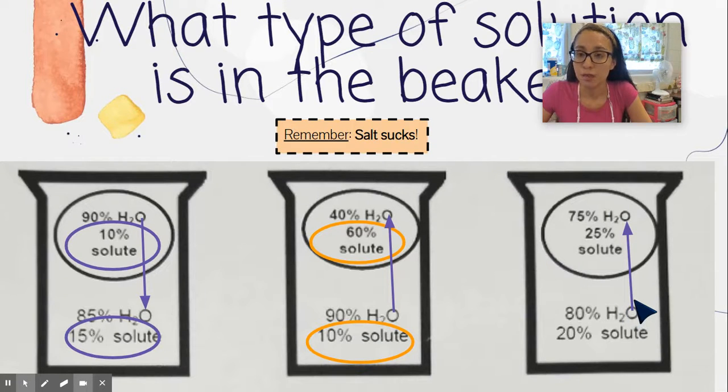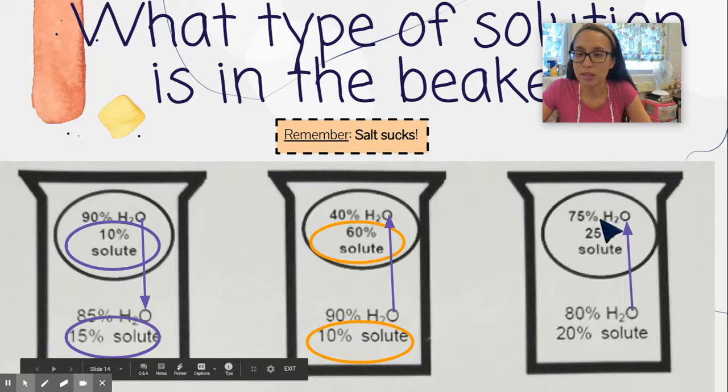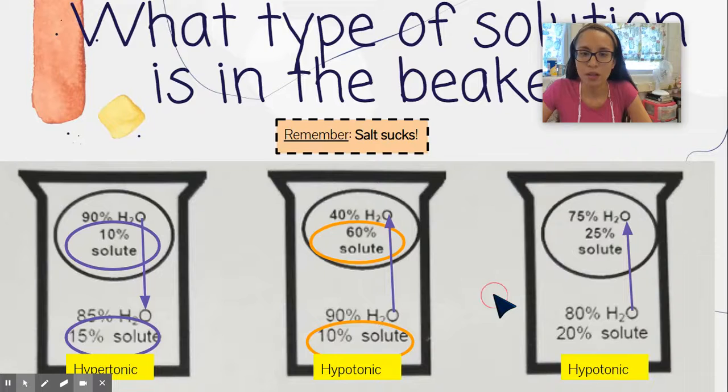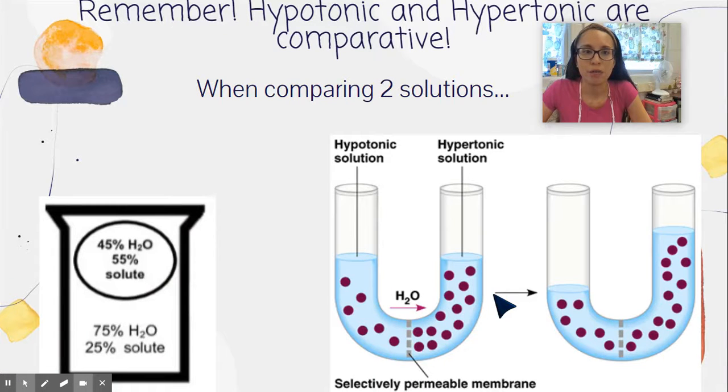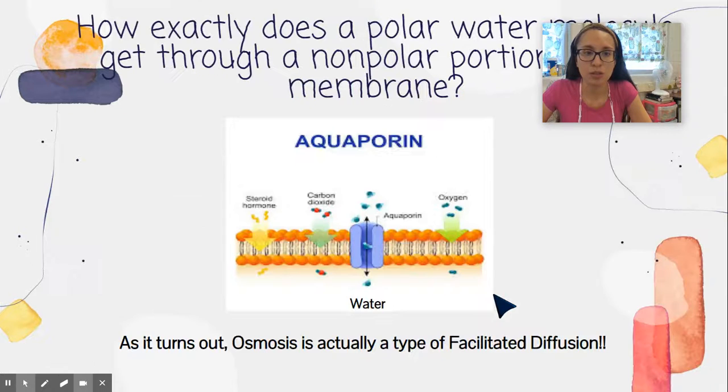And if you were to just flip the switch and look at the solute, the salt, right, it would still move inside the cell because 25 is greater than 20, and solute sucks up all the water. Okay, so solutes can show you where the water will go, not by just looking at the concentration of water. Remember, hypotonic and hypertonic are comparative when comparing two solutions.